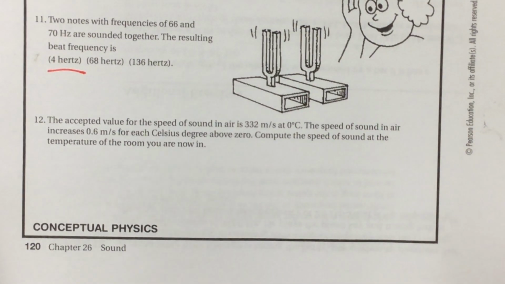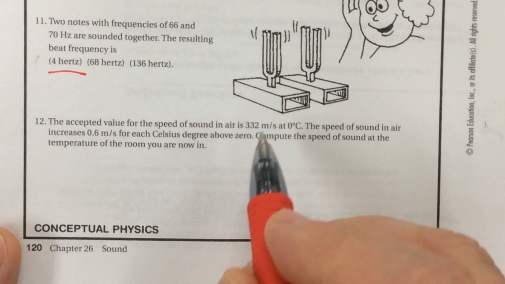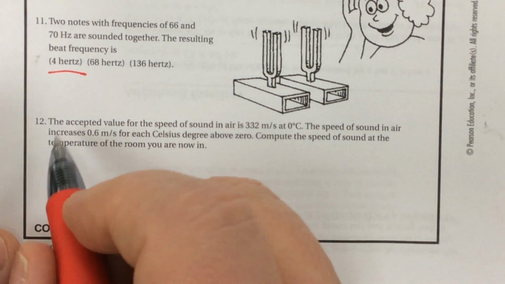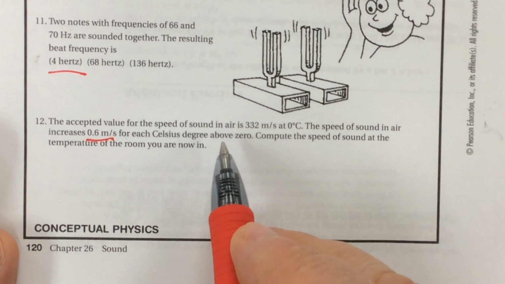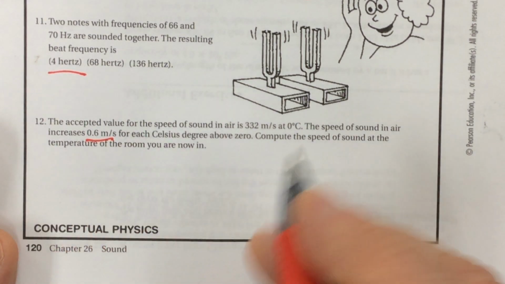Okay, last question. The accepted value for the speed of sound in air is 332 meters per second at 0. The speed of sound in air increases at 0.6 meters per second for each Celsius degree above 0. Compute the speed of sound at the temperature of the room now.